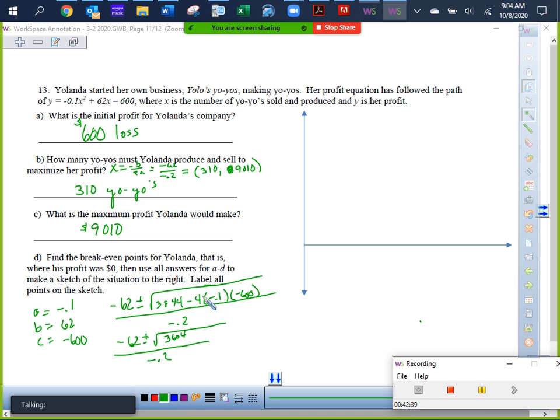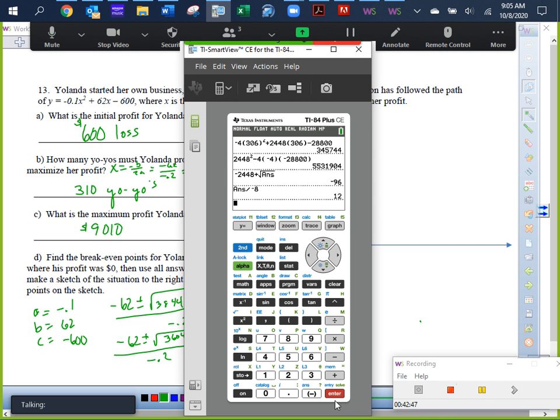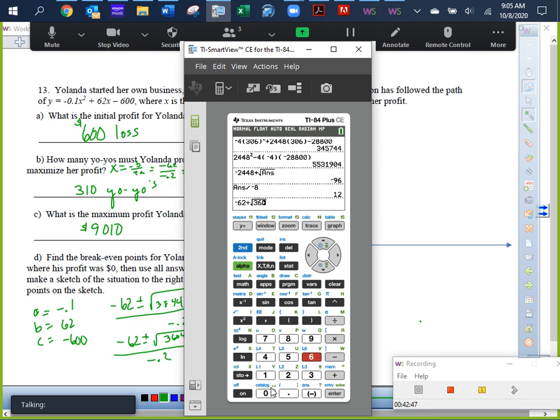I got her all subbed in. For my discriminant, I got 3604. I'm going to do the math for you guys. The negative 62 plus the square root of 604. That came out decimally.